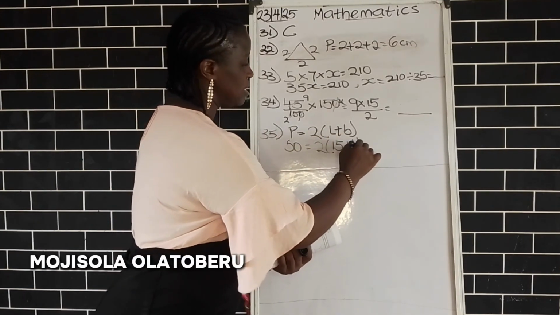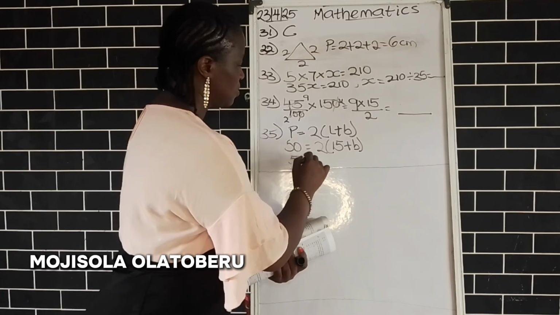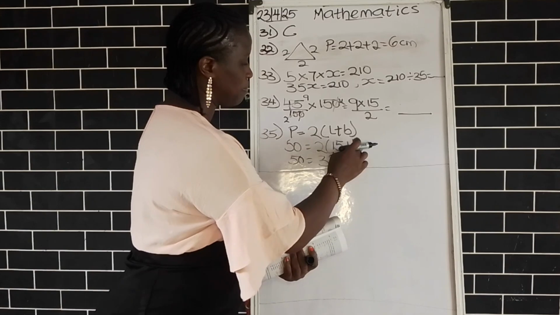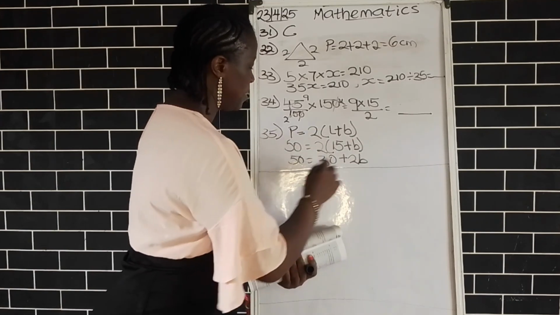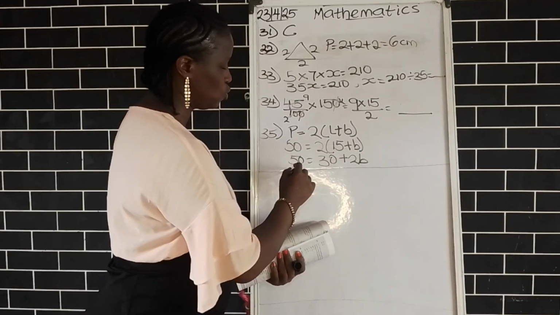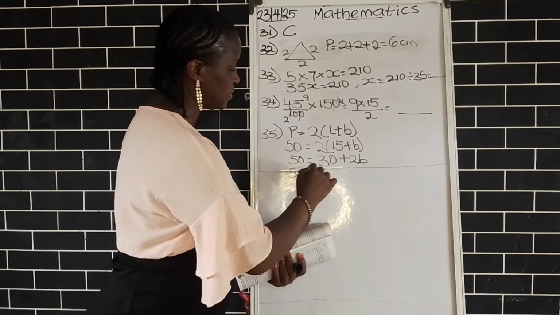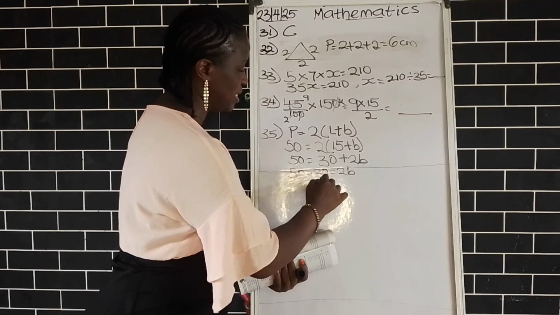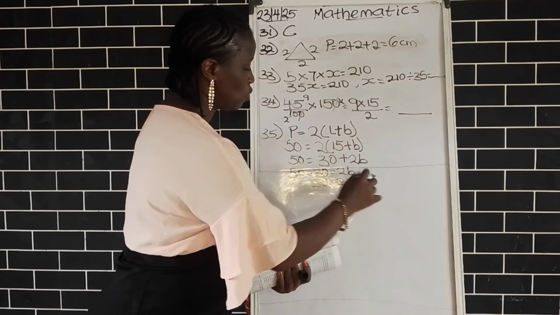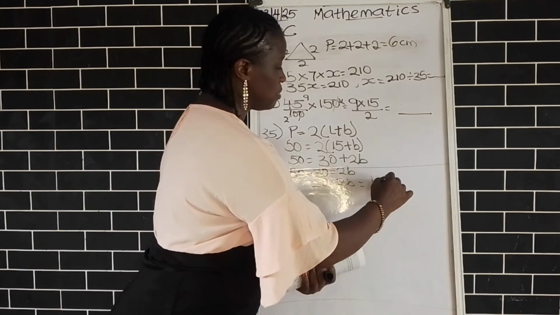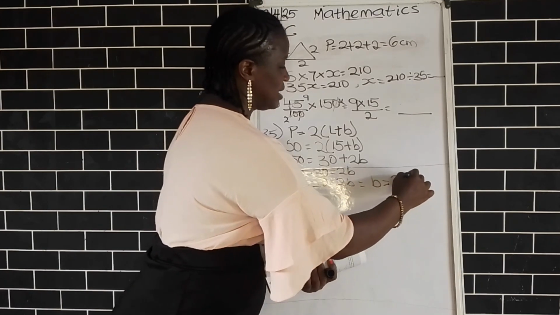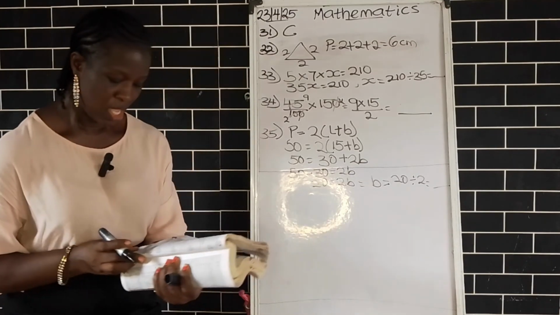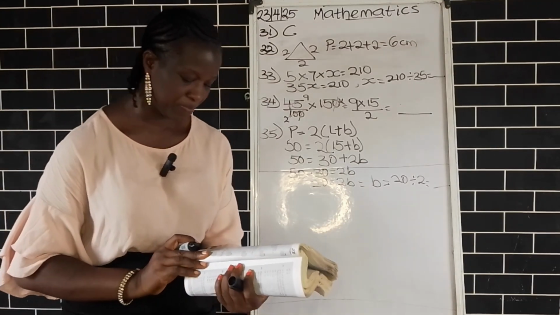The breadth is not given. So 50 is going to be 2 multiplied by 15, that is 30, plus 2 multiplied by b, that is 2b. So bring out 2b out of the question. That will be 50 minus 30 is equal to 2b. 50 minus 30 is 20, equal to 2b. To bring out b, b is equal to 20 divided by 2, and you get your answer. So number 36 question now.